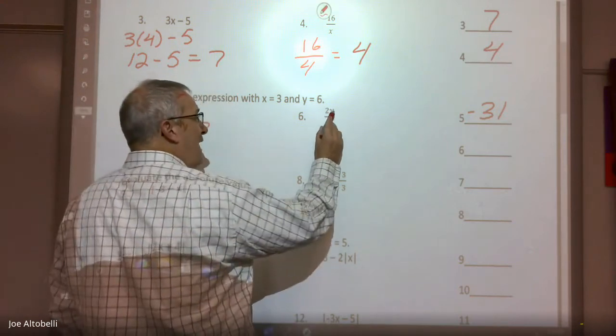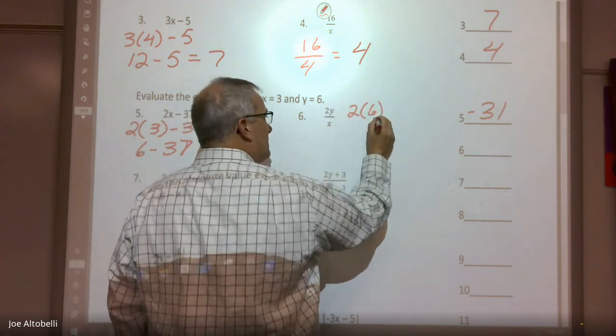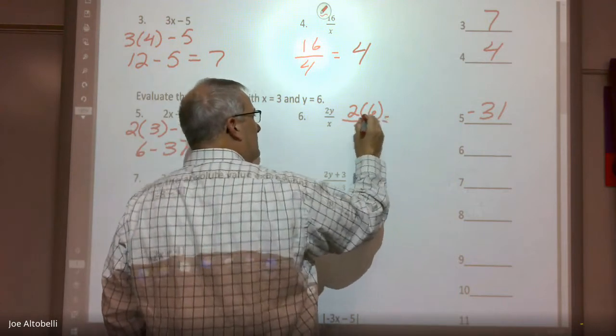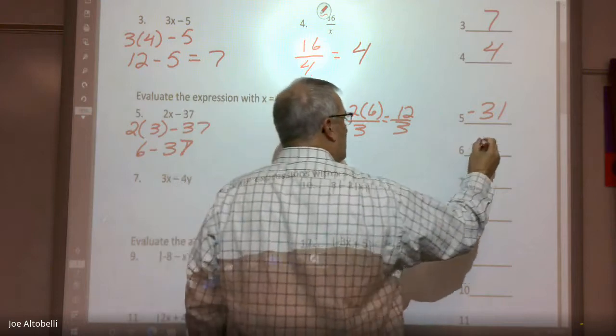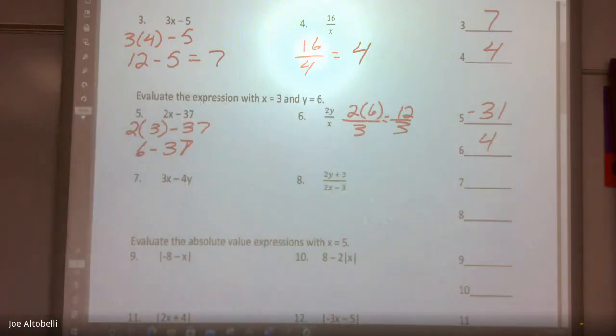This is 2 times y, so it's 2 times 6 divided by x, which is 3. So that is 12 divided by 3, which is 4. Make sure if you have questions you ask. I cannot read your mind. Number 7.